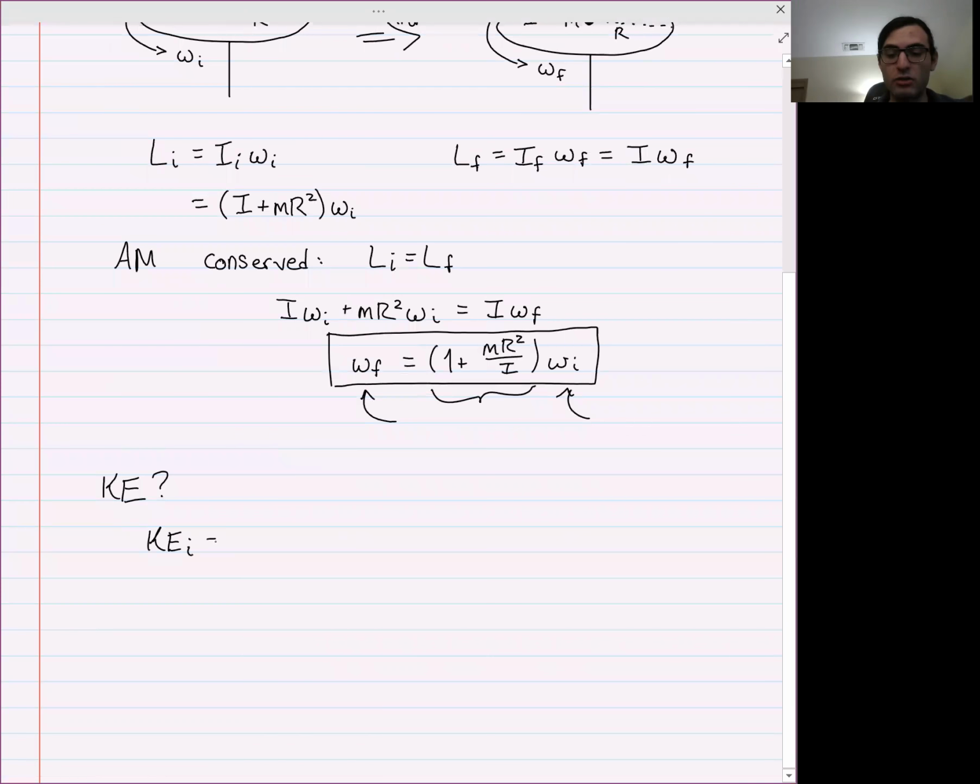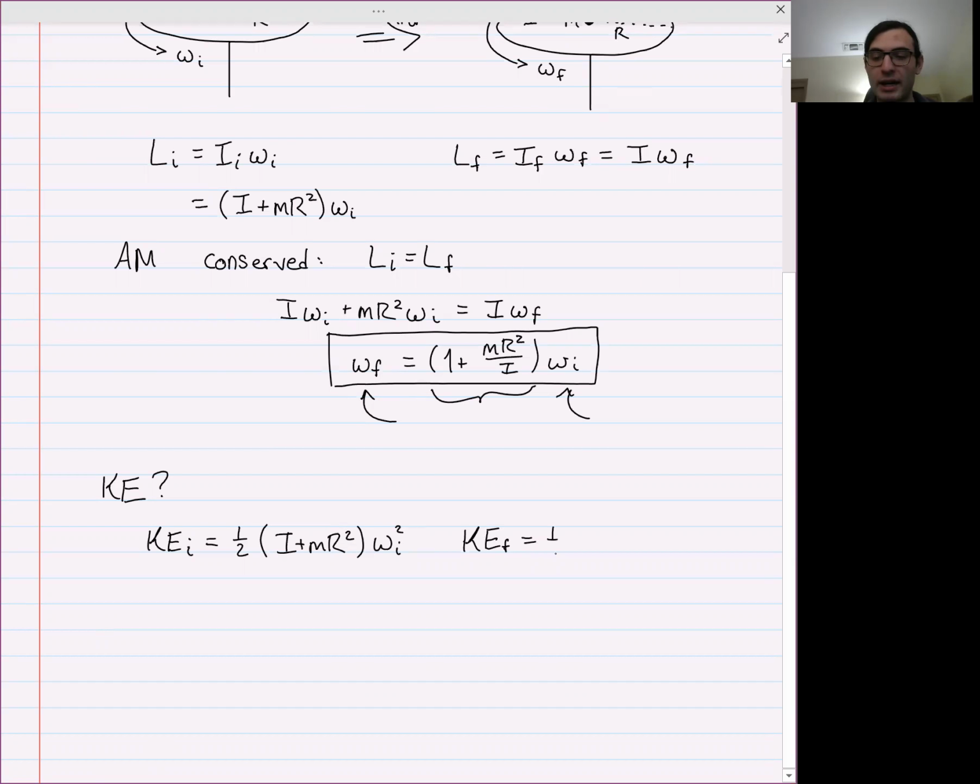So the kinetic energy, this is rotational motion, and there's no translational motion, so it's just 1/2 I omega². So in this case, it's 1/2 times the moment of inertia in the initial situation, I plus mr², times the initial angular velocity, omega_i squared. The final kinetic energy, it's 1/2 I omega² again, but this time the formula is slightly different.